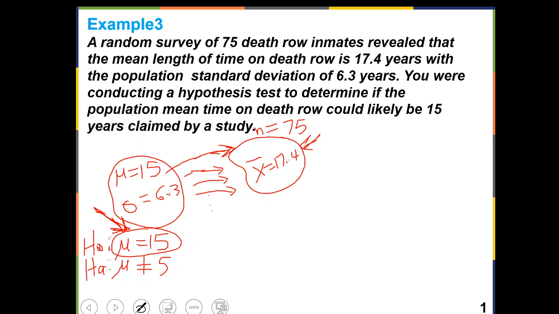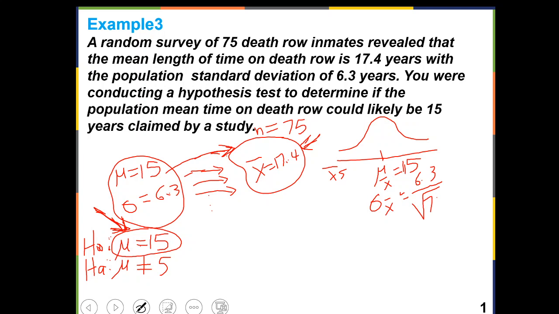We know from previous chapters that x bars make a distribution, and that distribution of x bars is normal, with the mu of the x bar the same as the mu that is claimed, which is 15, and the standard deviation of the x bars is, well, we know from previous chapter again, 6.3 divided by what?